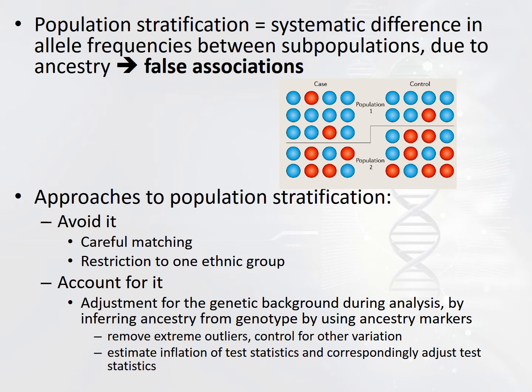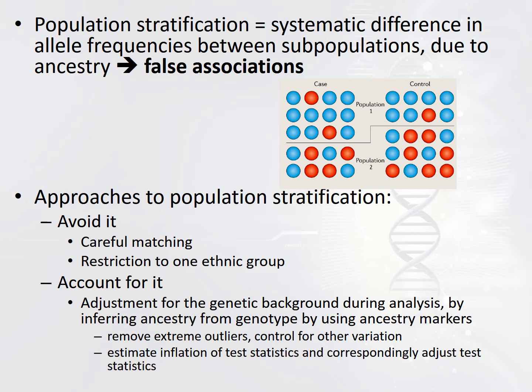For example, many traits or many diseases are very strongly associated with a certain population. Let's take the example of Crohn's disease. In Israel, Crohn's disease is way more prevalent in Ashkenazi Jews.